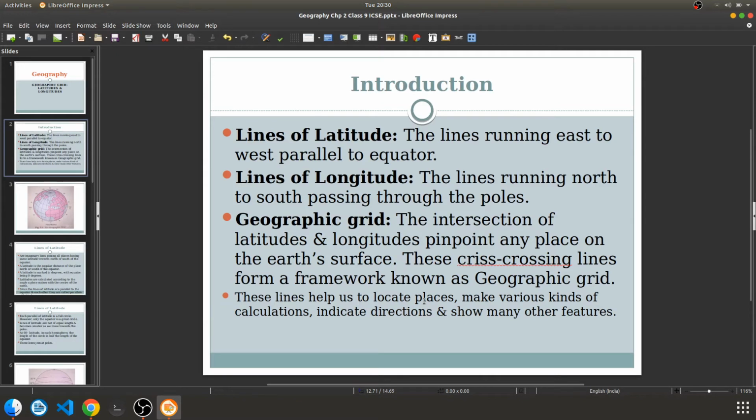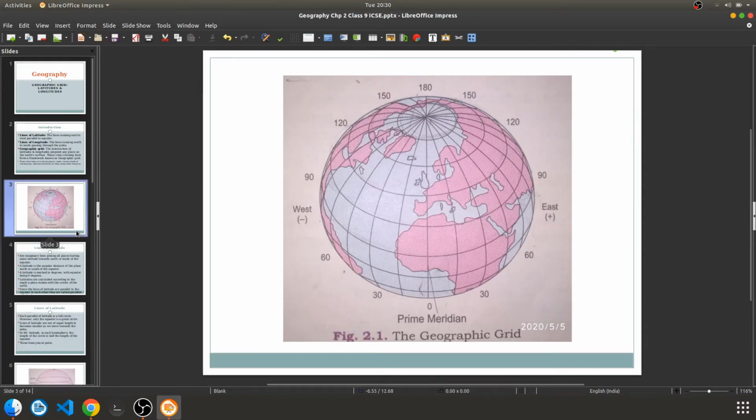If I say that Mumbai is 19 degrees north of the equator, I am getting the direction, isn't it? So direction also we get from this geographic grid. It helps us in finding the exact location and directions.